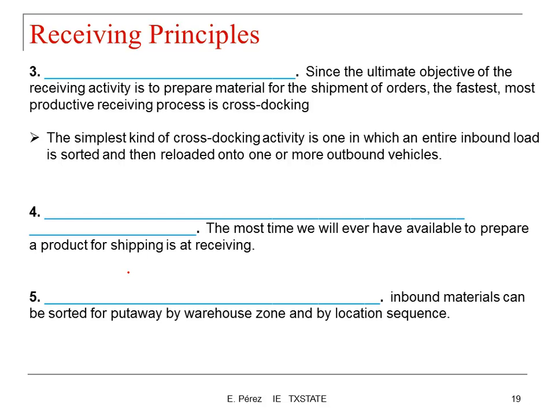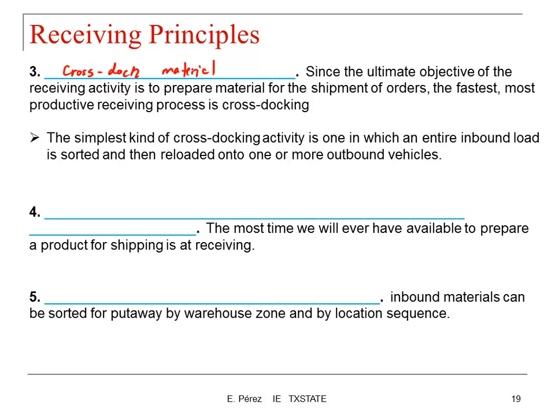Number three, cross-dock material. So since the ultimate objective of the receiving activity is to prepare material for shipment of order, the faster, most productive receiving process is cross-docking, okay, because you're going to be focusing only on that path.